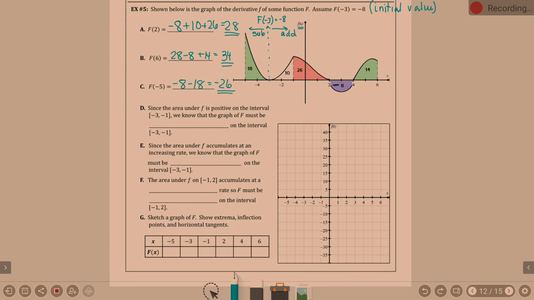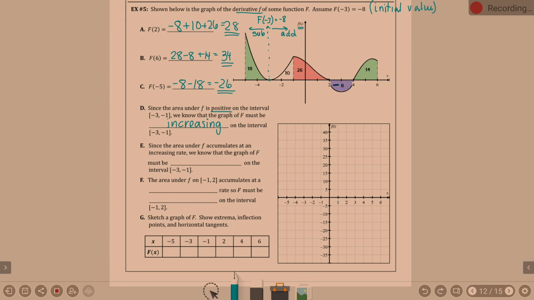Since the area under F is positive on the interval from negative 3 to negative 1, we know that the graph of F must be blank on the interval from negative 3 to negative 1. Because it is positive, it's going to make F increasing. Remember, little f is the derivative. A positive derivative tells us the original graph is increasing.